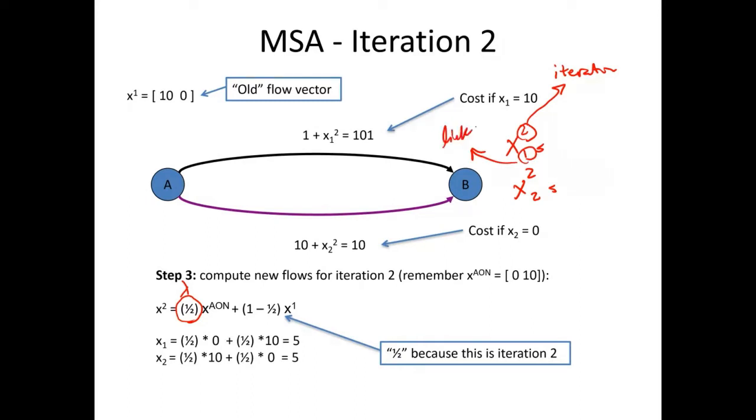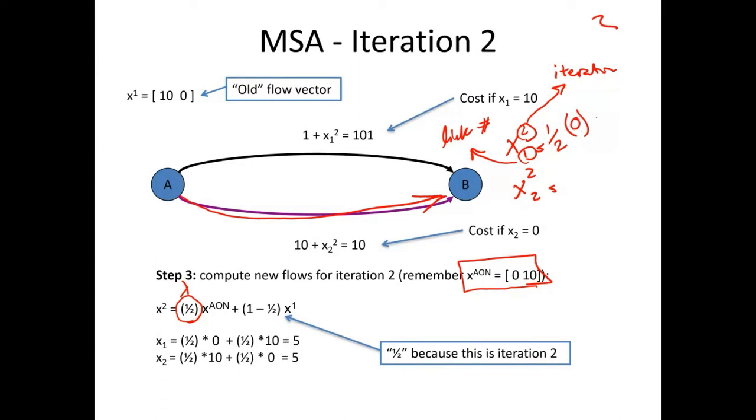So lambda is 1 over 2, multiplied by the all or nothing assignment that we did. Remember, because now the shortest path is this one, nobody's going to use the top path. So top x1 all or nothing would be 0.